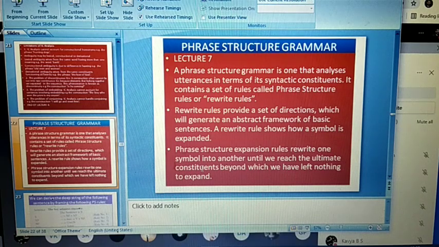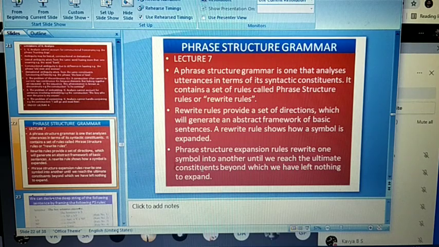A phrase structure grammar is one that analyzes utterances, sentences, in terms of syntactic constituents, the constituents of a sentence. It contains a set of rules called phrase structure rules or rewrite rules. And what is a rewrite rule?